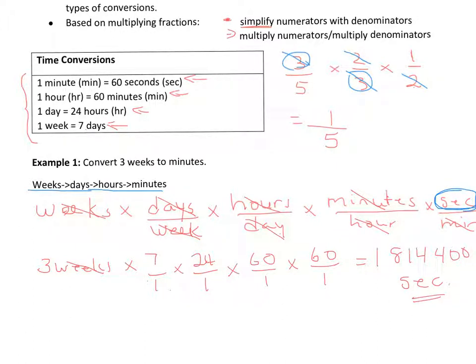And then put in the numbers. So you started with 3 weeks, and put in the numbers for each of these, and the numbers will always be the numbers from your equations, and then multiply the numerators, multiply the denominators, and divide if you need to. So we'll do a couple more examples just to practice.